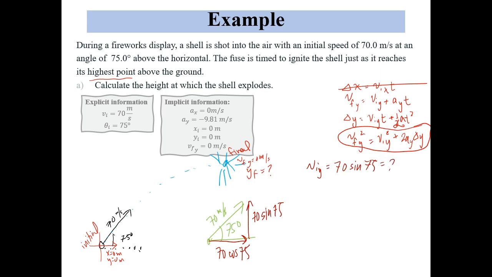And then I know the final velocity in the y direction, and I know the acceleration. I'm just trying to calculate delta y. And y initial is 0, so you can plug everything in. So 0 is equal to v initial in the y direction, which is 70 times sine of 75, squared, plus 2 times negative 9.81 times delta y.